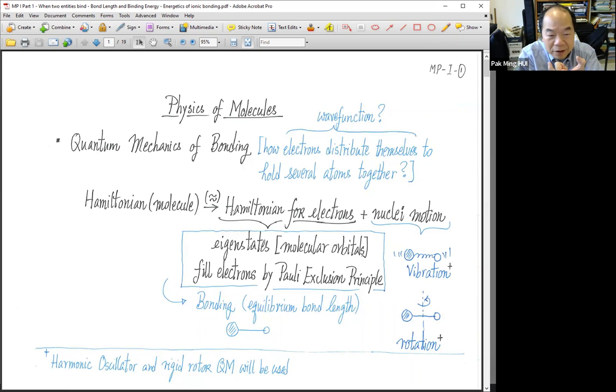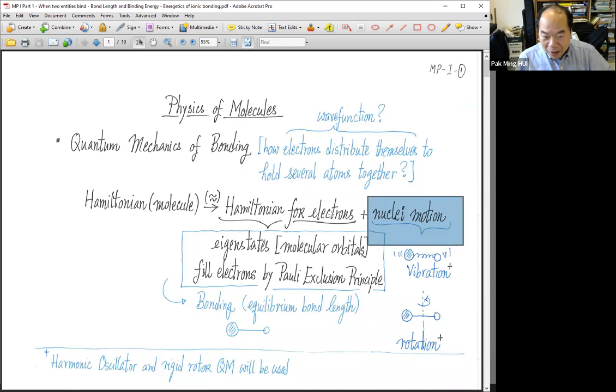These bonds, as you learned in high school, can be represented by a spring. And this bond due to the electron distribution will lead to the second part of the problem that has to do with the nuclei motion. The nuclei could vibrate and the whole thing could rotate. So this is the rough idea of what we are going to do.